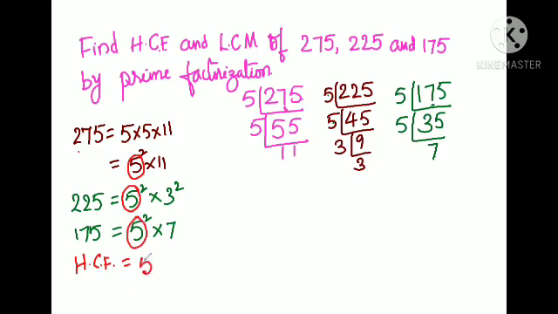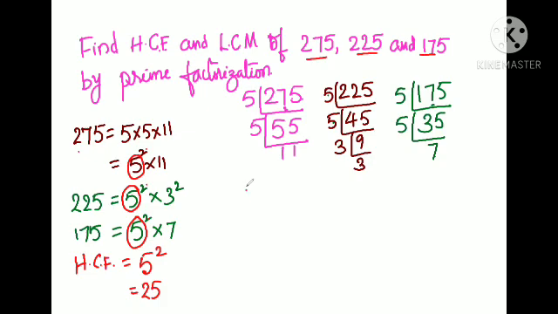So write 5. No other numbers exist in all the prime factorizations. Now 5 is the common factor and we have to take the least power of 5. Here 2 is there, here also 2, here also 2. So the least is 2. So 5 square, 25, is the HCF of the given three numbers.